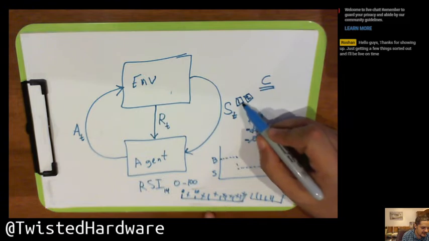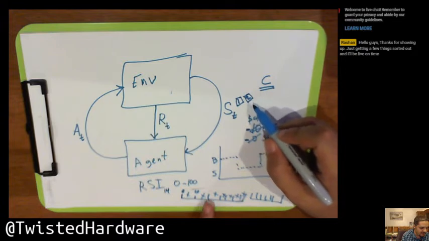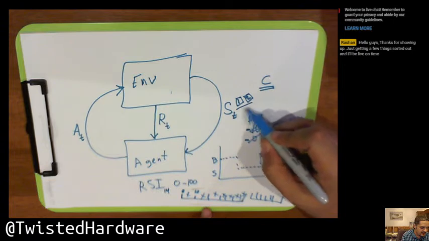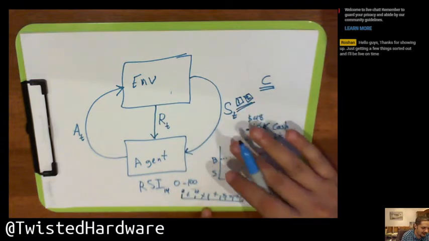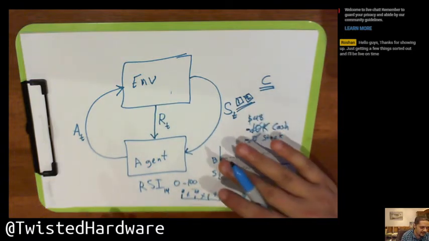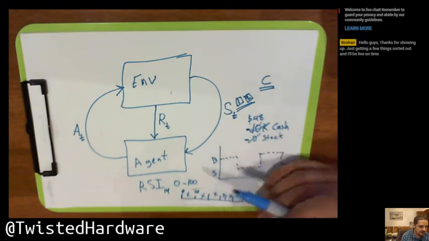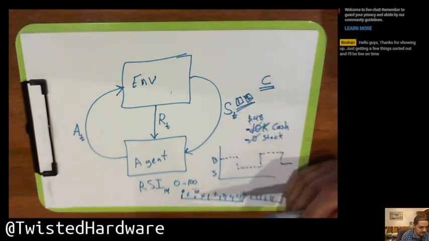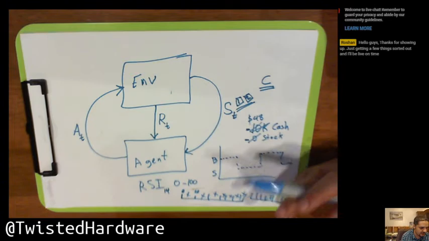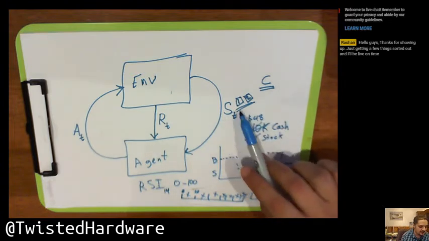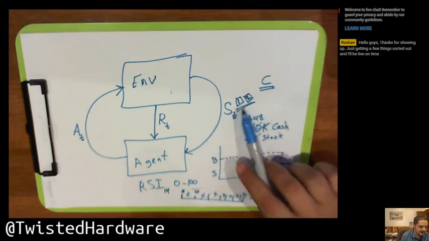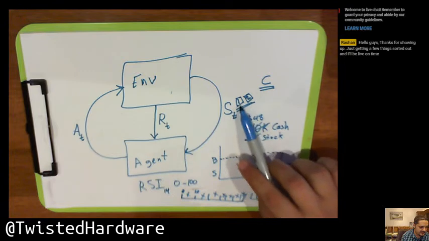It means yesterday the RSI was between 10 and 20, and today's RSI is between 20 and 30. That's it. The model will not know what the price is, it will not know anything about the stock, it will not know if the stock is paying dividends, if the company is doing well or not. It's literally only looking at a discrete representation of the RSI of today and yesterday.